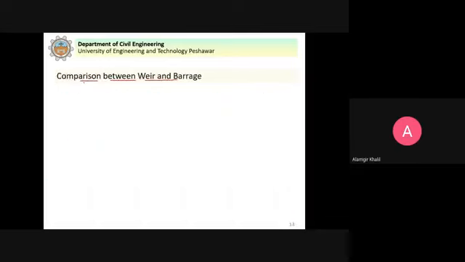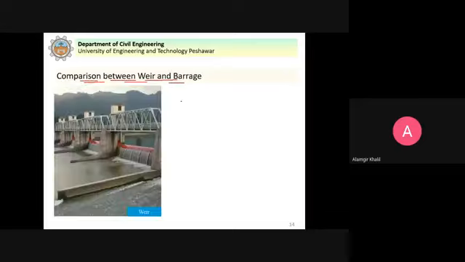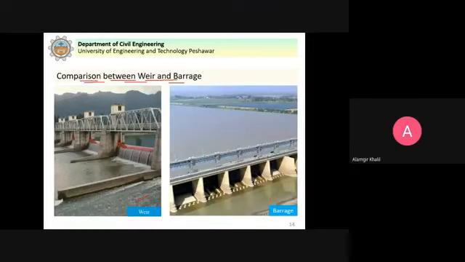Now we discuss the comparison between weir and barrage. So you can see here, this is an example of a weir, and this is an example of a barrage, a gated structure. The maximum ponding is achieved through the gates. But in case of a weir, the maximum ponding is achieved by the raised crest.